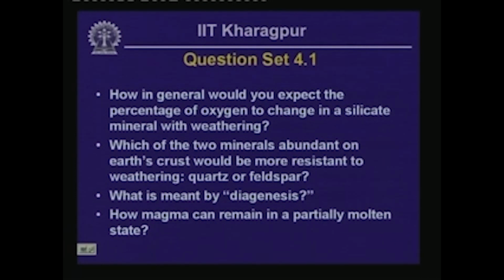What happens typically is that if you consider Bowen's reaction series, then you will find that the silicate minerals near the top of the reaction series have a higher percentage of oxygen in comparison with silica, and as you come down, the oxygen percentage becomes smaller in comparison with the silica content.